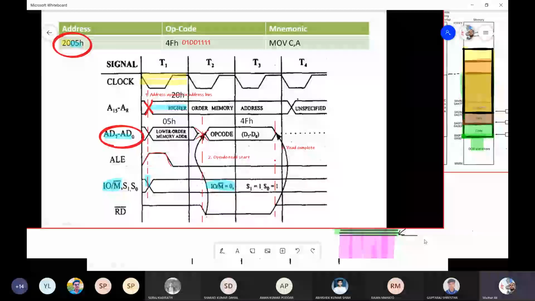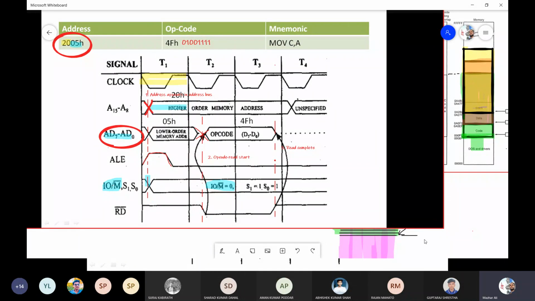And you must remember that throughout the duration of the read, the address that had been provided must stay on the address bus. So you can see that is okay for A8 till A15. A8 till A15, the address remains there for the entire T1, T2 and T3 T states.